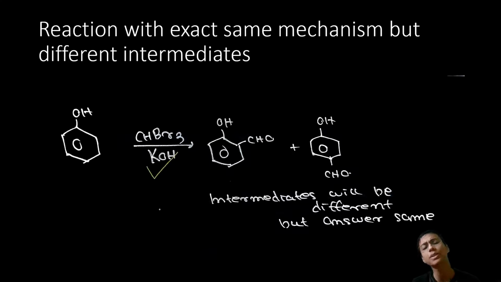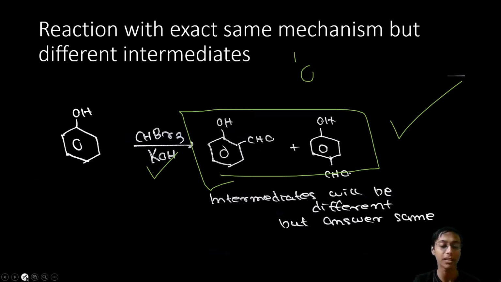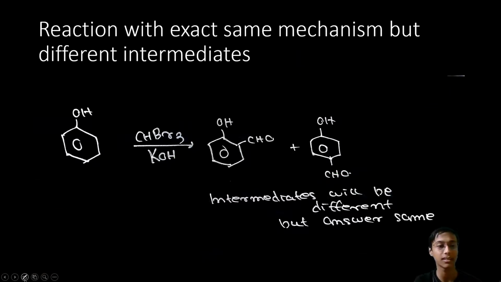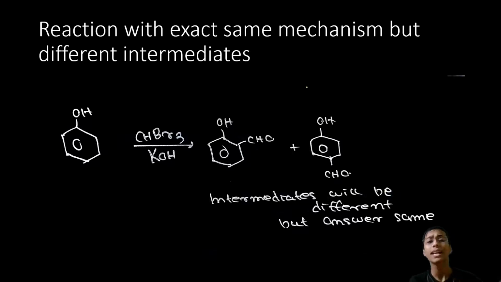Now suppose we use CHBr3, what would be the products? Exact same products would be formed, but different intermediates would be used. Let me erase this ugly ink for once. Okay. Instead of the chlorine carbene, you would get the bromine carbene.